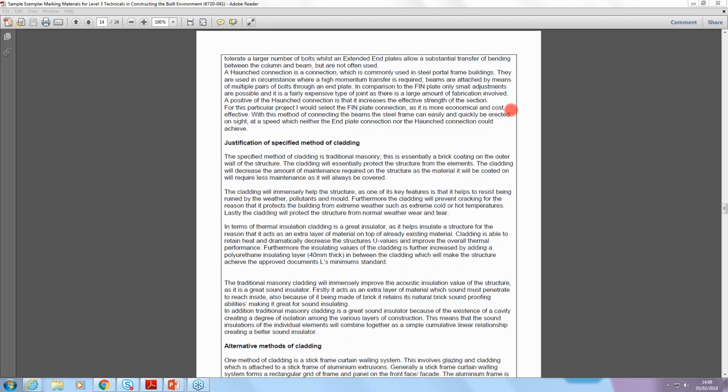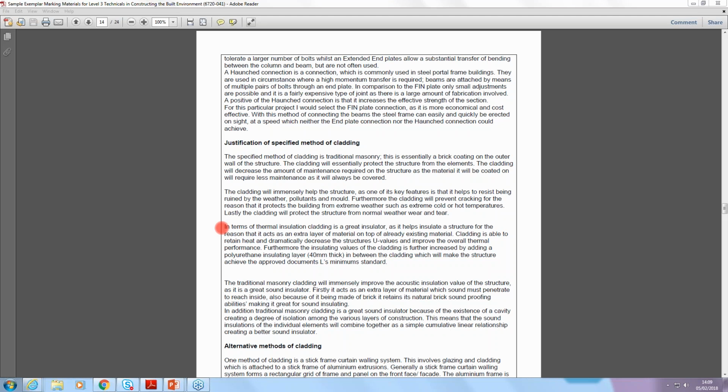So there's a few more examples of a similar nature. The second one, if we look in the justification of specified method of cladding, and we look at the 3rd paragraph there, the top of the paragraph says, in terms of thermal insulation, cladding is a great insulator. Well, for me, some claddings may be great insulators, others aren't.